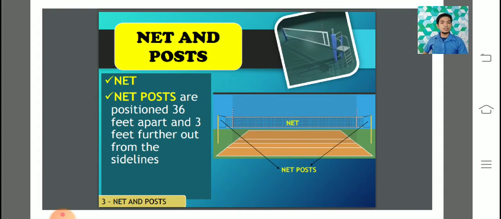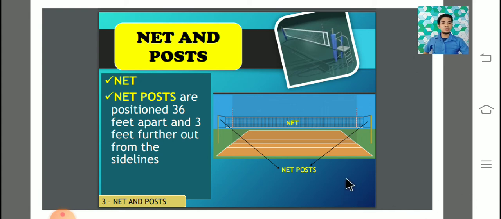Now, let's talk about the nets. So, tapos na tayo sa court, sa volleyball balls, and let's go to the nets. So ang net ay binubuo ng net post and siyempre yung net. Okay? And this is positioned 36 feet apart and 3 feet farther out from the sideline.